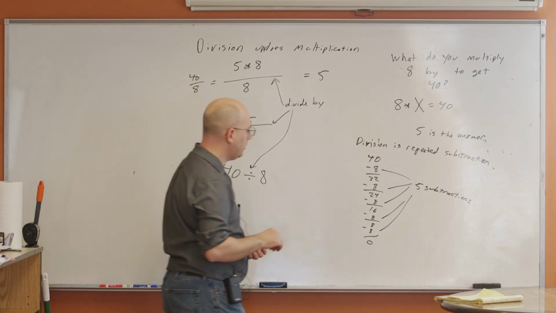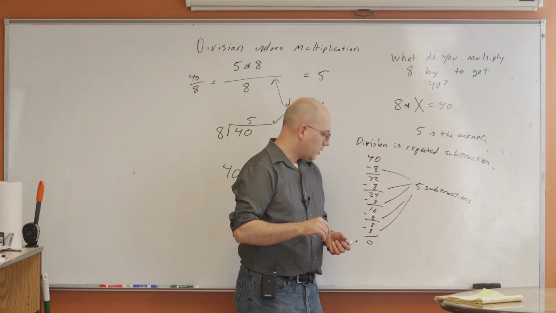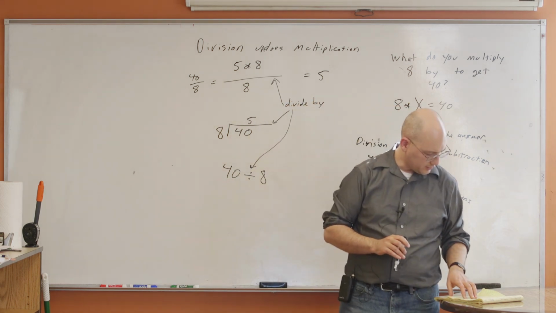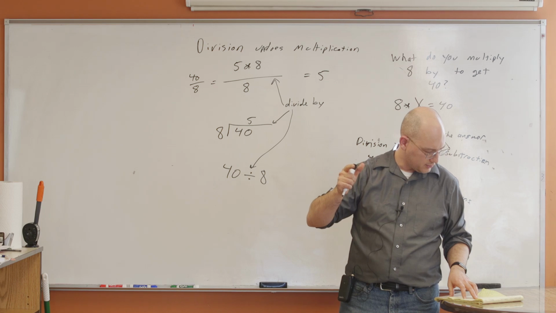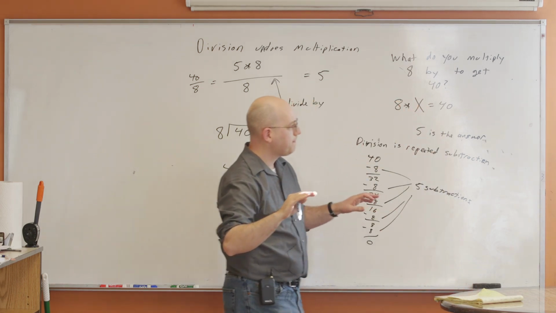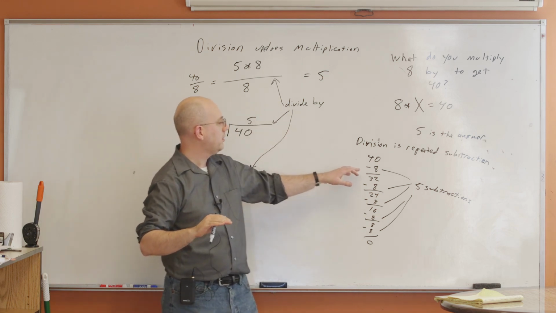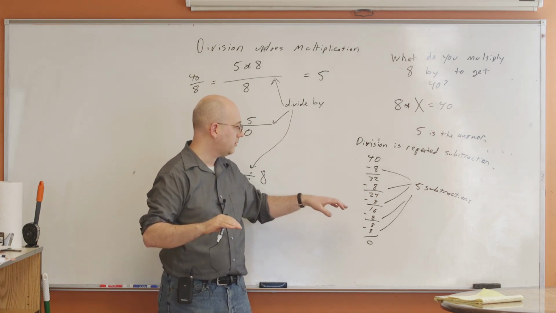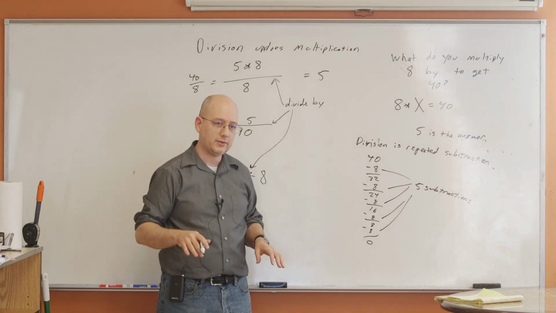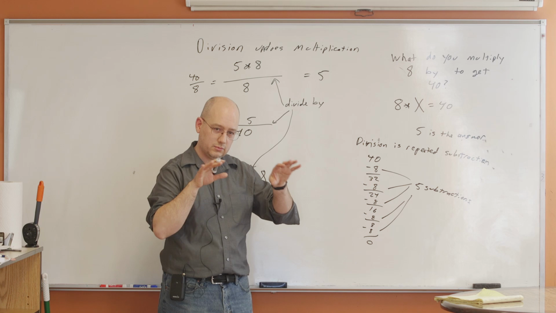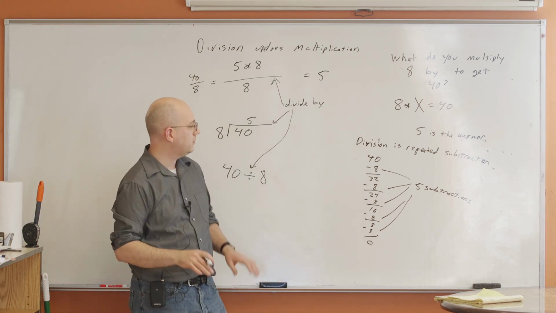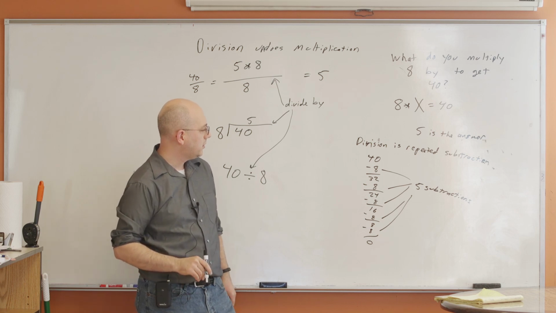The other view is, I want to give $8 out. I've got $40. How many people can I give $8 to? Those are two distinct questions, and that's sort of how you do it.